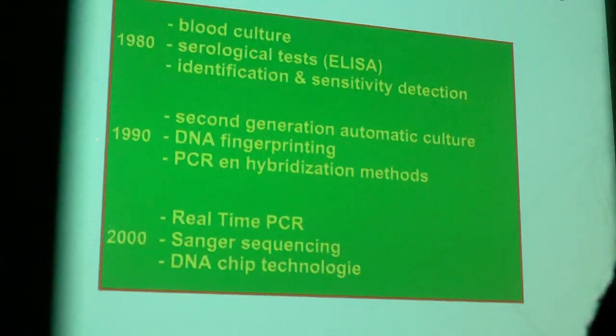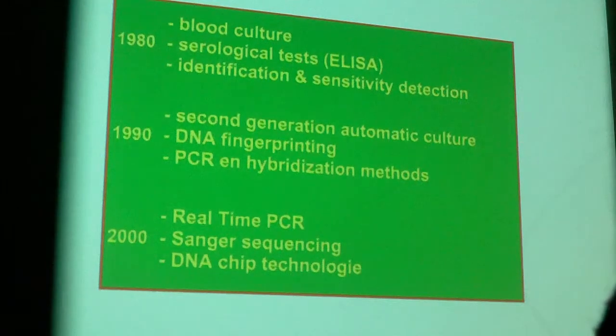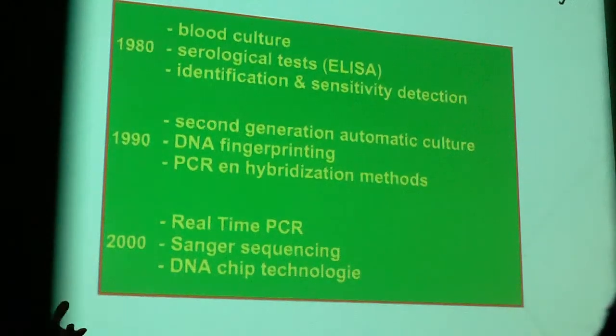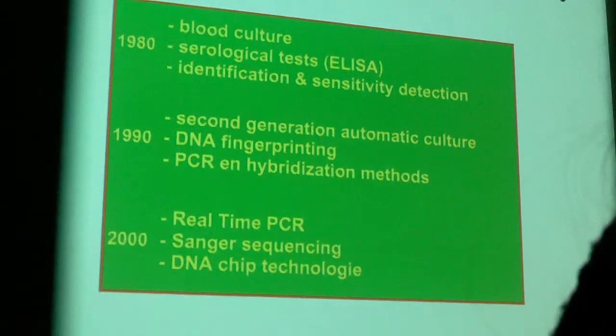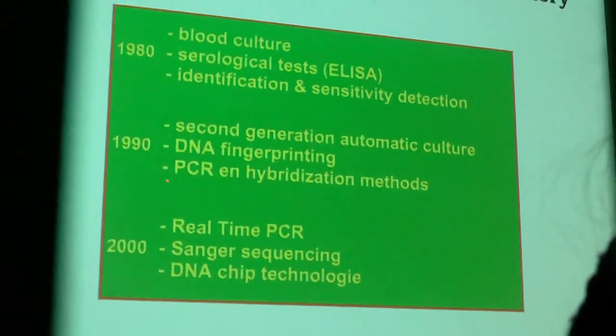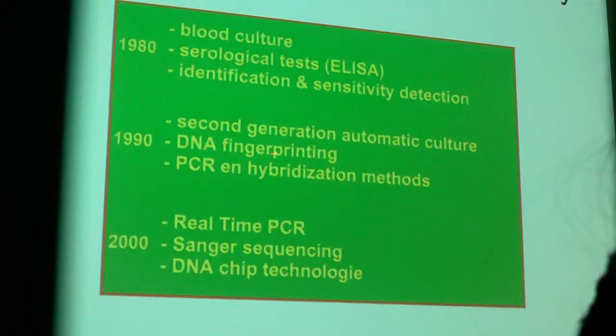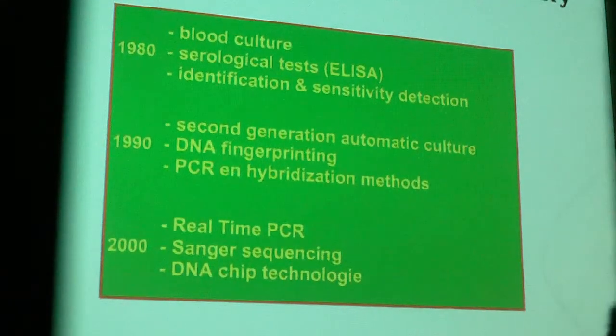Then, in the 90s, there was automatic culture. So people didn't use the plates in the lab anymore, which are still used, by the way, but not for blood culture. And some very basic PCR techniques came in. And from 2000, there's really a shift.